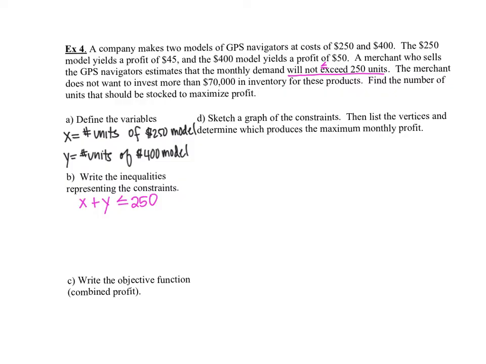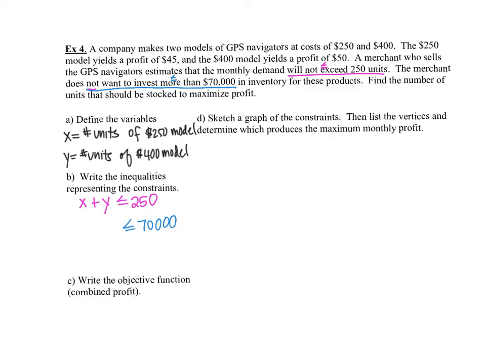Okay, I'm going to look for another inequality because one is not going to be enough. The merchant does not want to invest more than $70,000 in inventory. That sounds like an inequality. It says not more than 70,000, so it can't be more than, it could be less than or equal to.